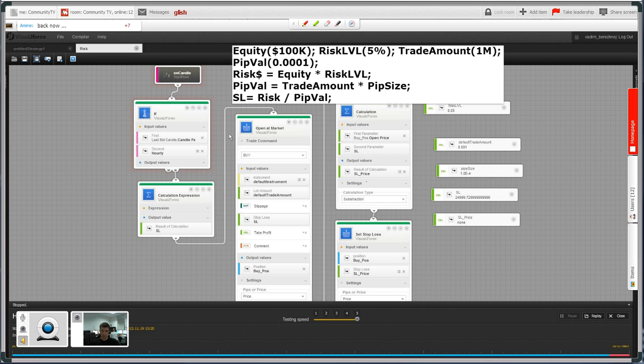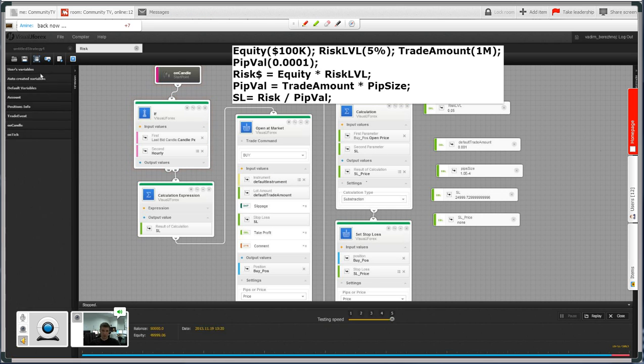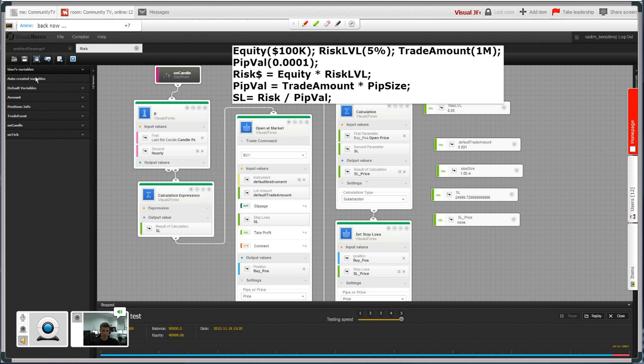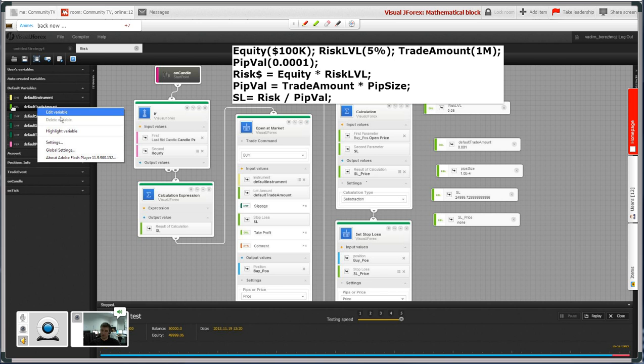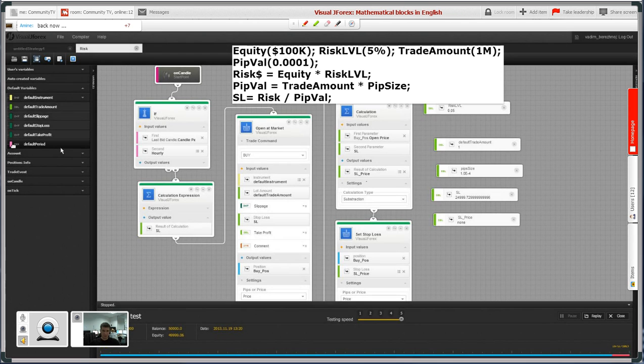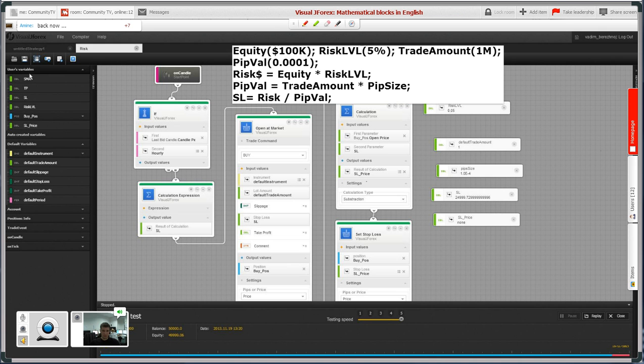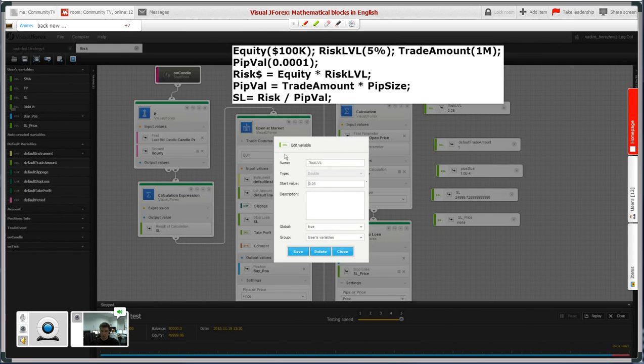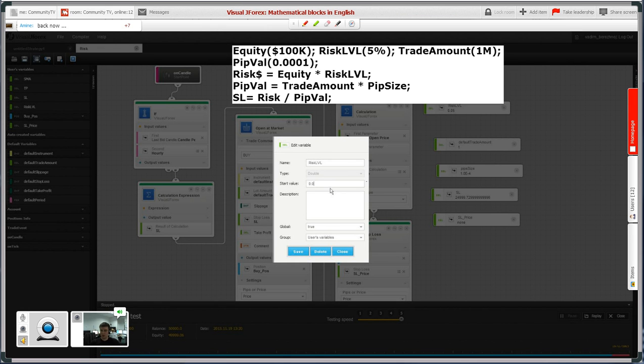Okay, allowed values in variable settings. What can we do here? First, trade amount would be 1 million. Risk level would be, let's say, not 5%, 1.5.